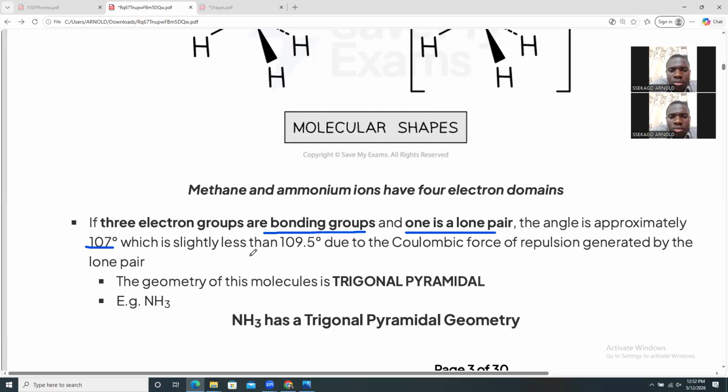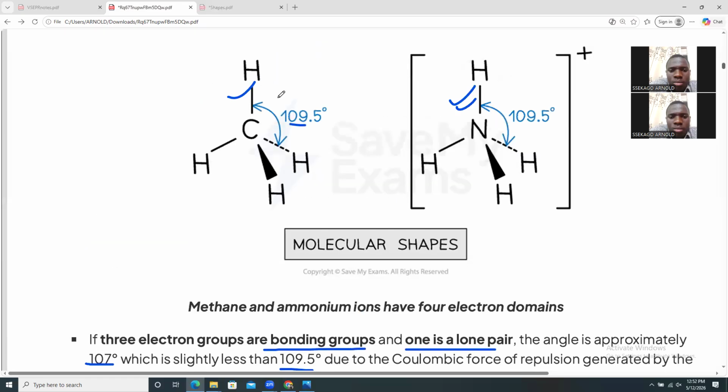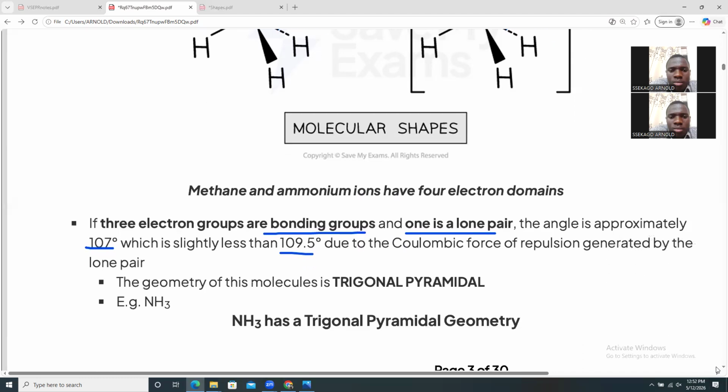You see it changes slightly from 109.5. To create a clear distinction, look at this. These are 4 electron groups, but we don't have a lone pair. Then for ammonia, there are still 4: 3 bonds plus a lone pair. There are 4 groups, meaning that the geometry is still the same, but the shape is going to change.